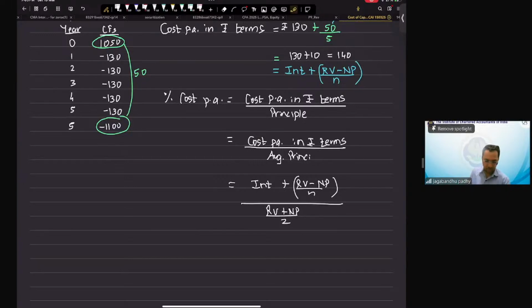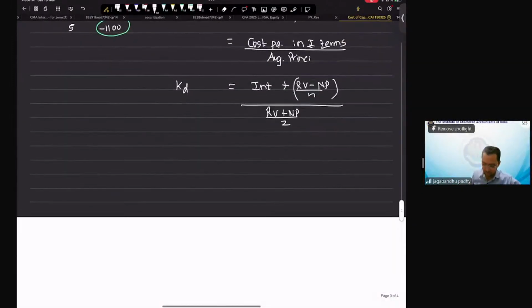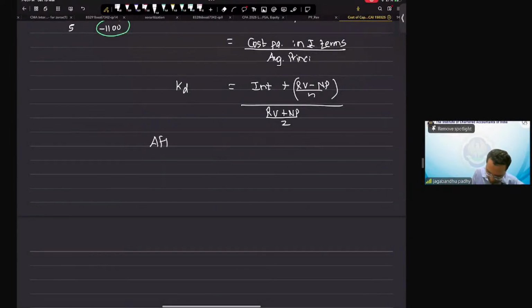So we are not taking the net proceeds, and we are neither taking the redemption value. Rather, we are going to take the average of the two. And this is our cost of debt formula. I can refine it further by making it an after-tax cost of debt, which is equal to Kd.